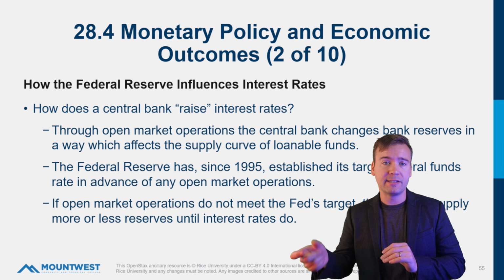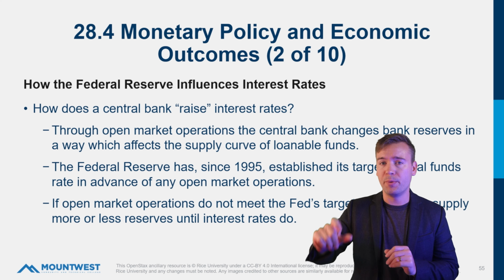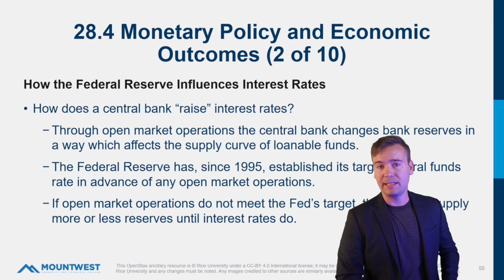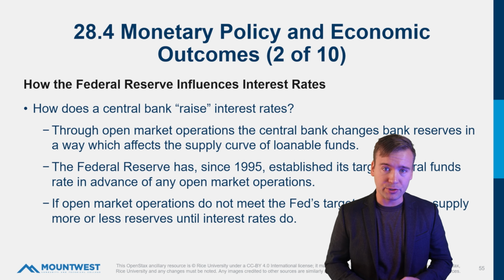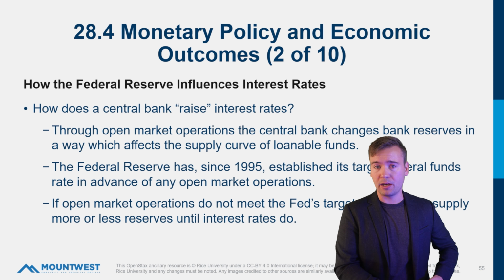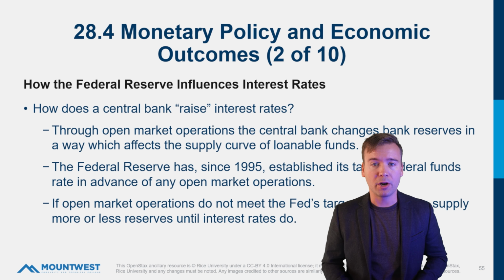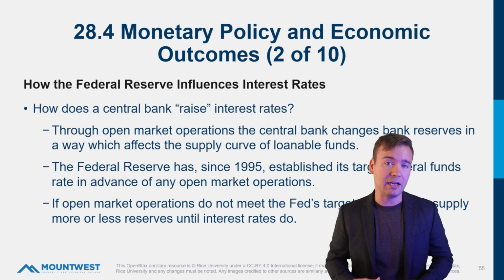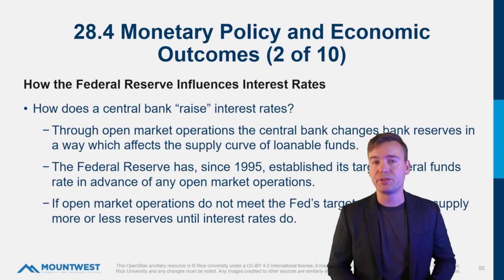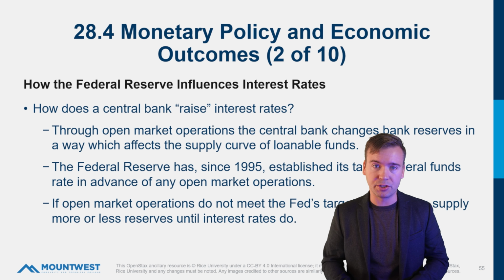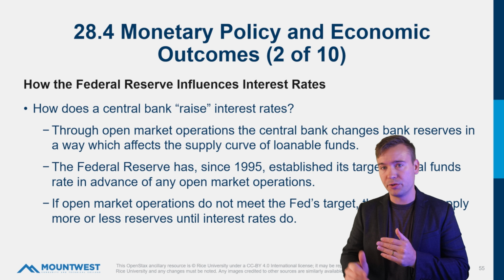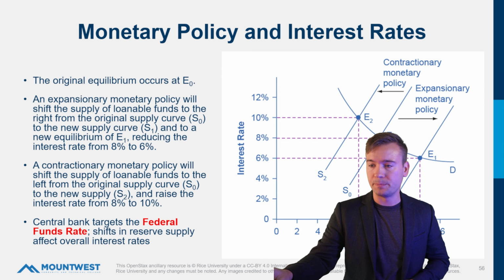The target is the federal funds rate, and they use open market operations to target that federal funds rate. Since 1995, the Fed has always announced its target federal funds rate in advance of any open market operations. So if the open market operations don't achieve the desired interest rate, the Fed can then just adjust the supply of reserves until interest rates reach that target. So they're not doing it directly, but more indirectly through open market operations.